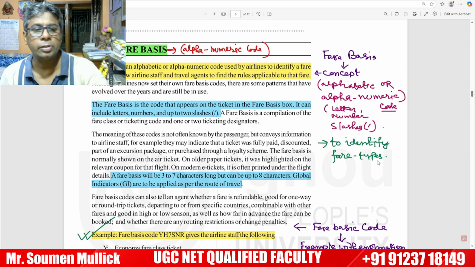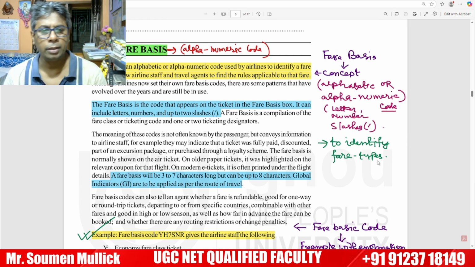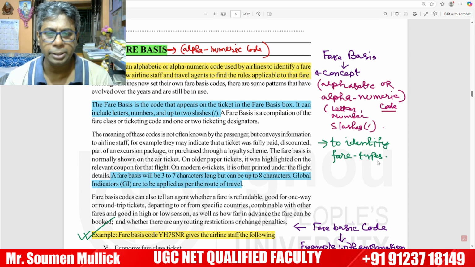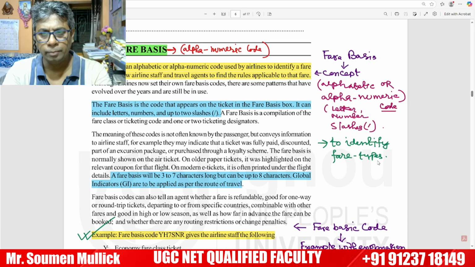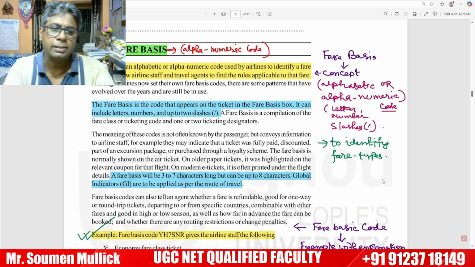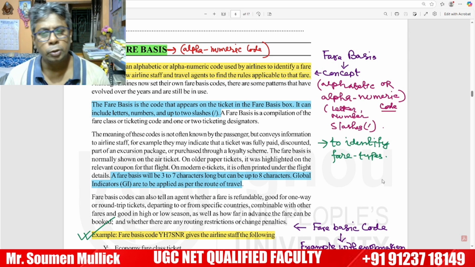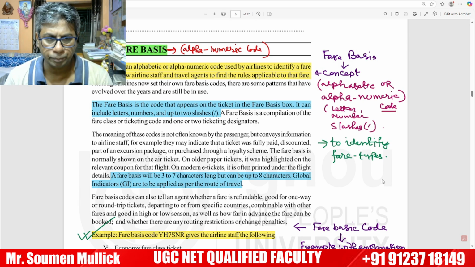The fare basis is an alphabetic or alphanumeric code used by an airline to identify a fare type and allow airline staff and travel agents to find the rule applicable to that fare.